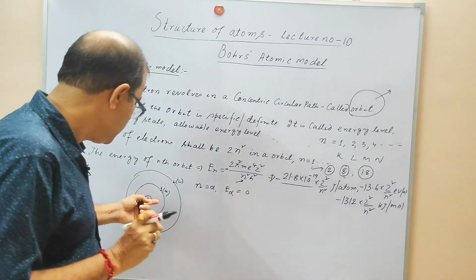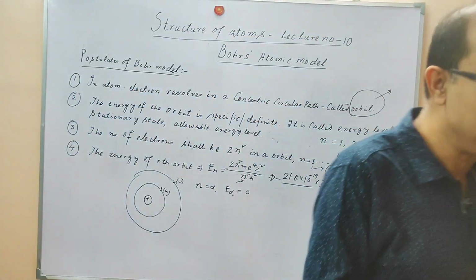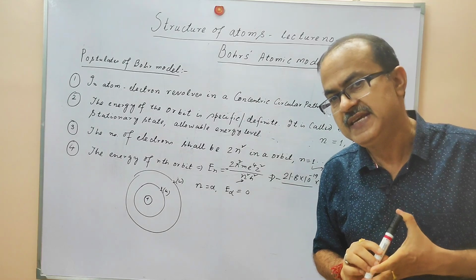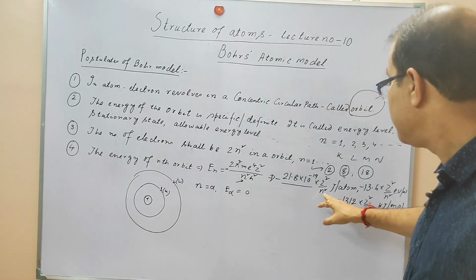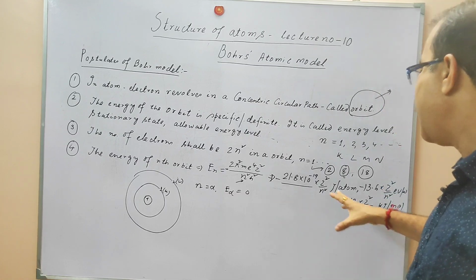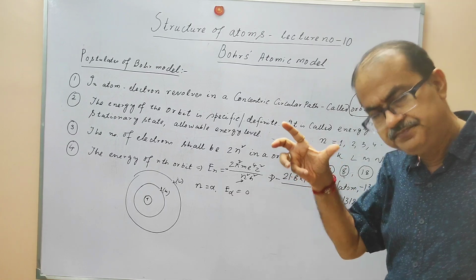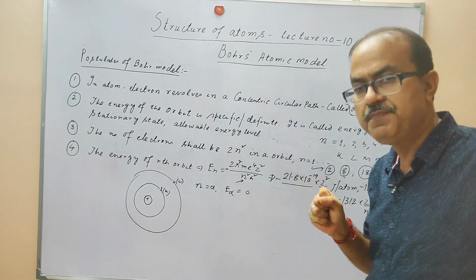And you can see from this formula that the energy of the orbit is inversely proportional to n square. Means as we go on decreasing n, what is going to happen?